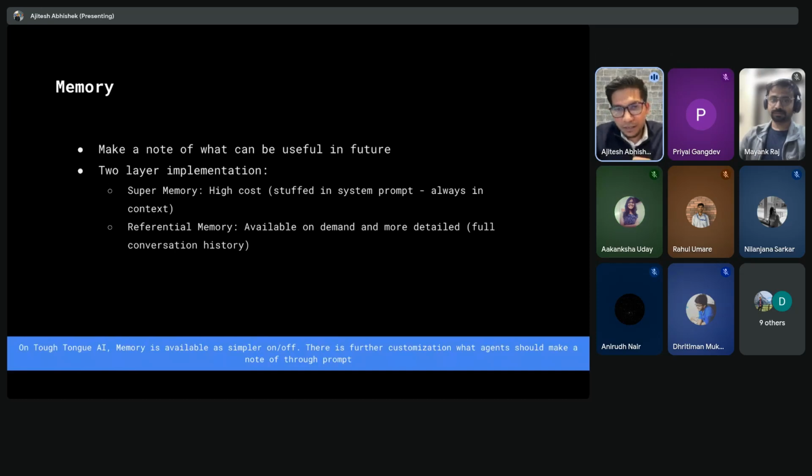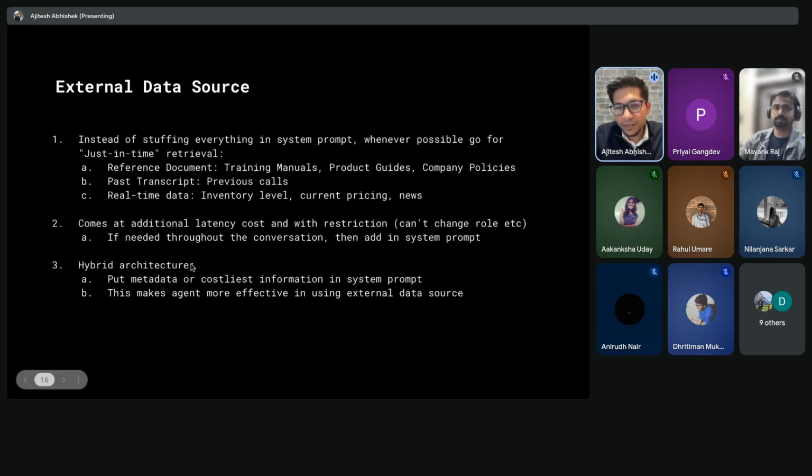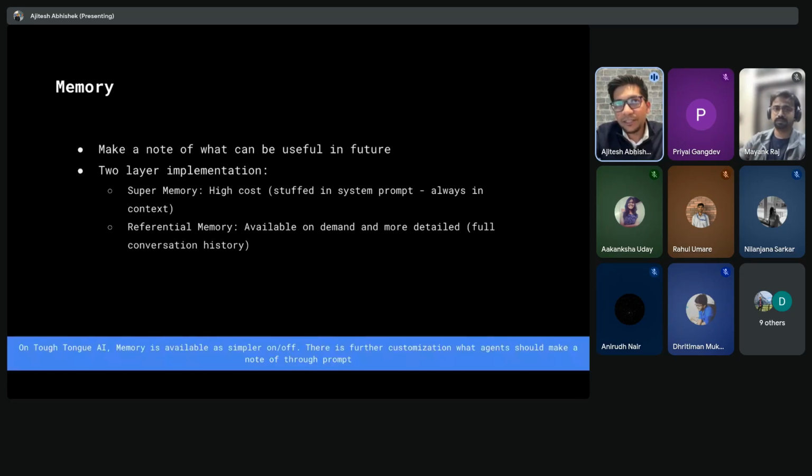So the second pattern that you should definitely pay attention to is the memory aspect. In our case, the memory is two-tier, which is very aligned to this hybrid architecture. Our agent decides what to remember about you, and we put that in the system prompt, which we call super memory. And then all the details we put as a referential memory that the agent can call just in time.